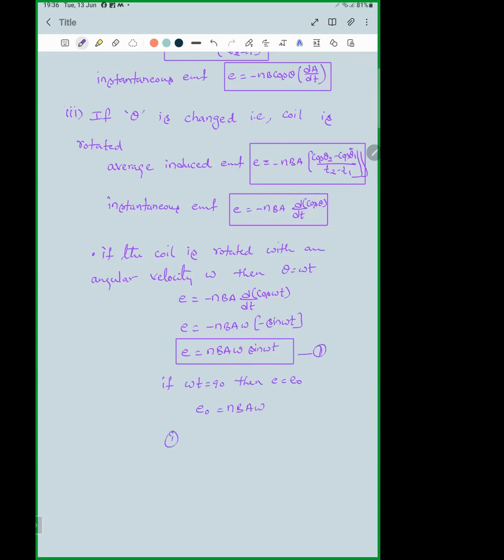So equation 1 implies E is equal to E naught sin omega t. Remember this formula, it is the working principle of the AC generator. This is the principle of AC generator.